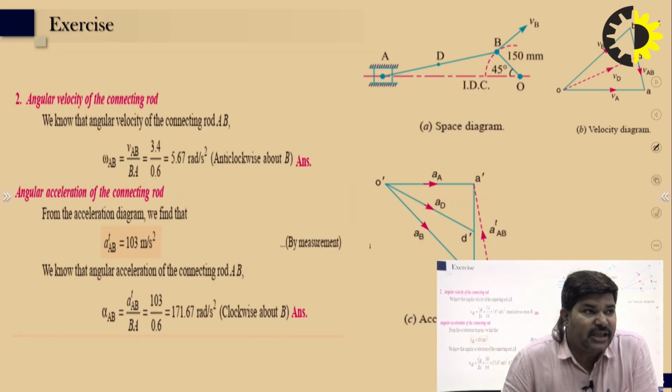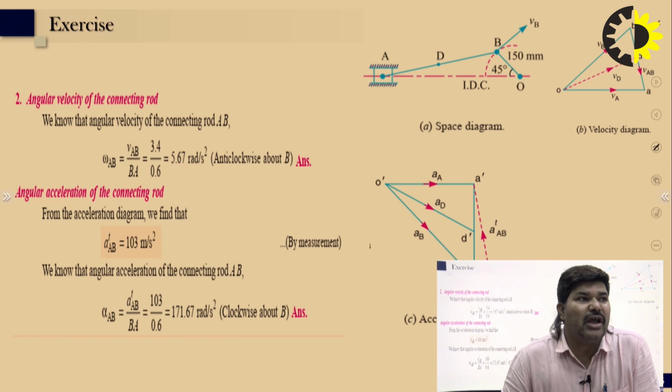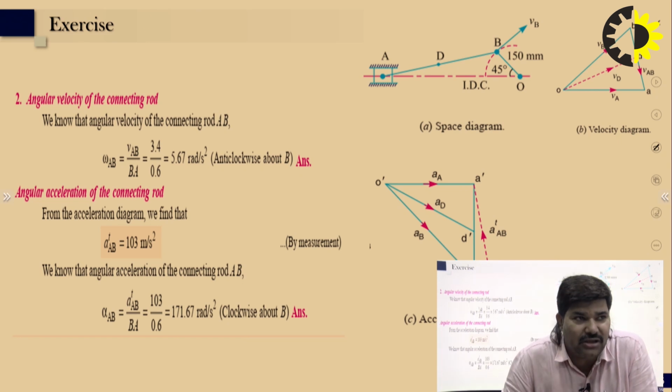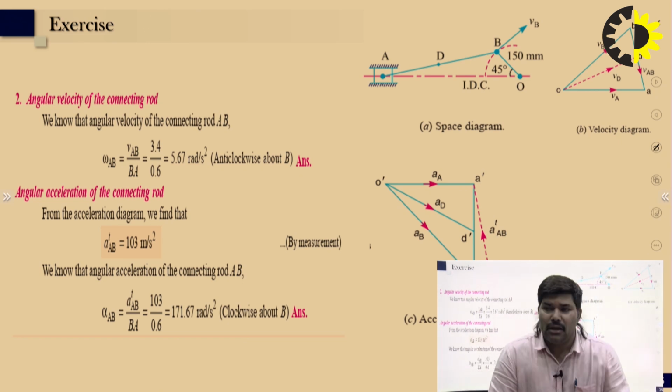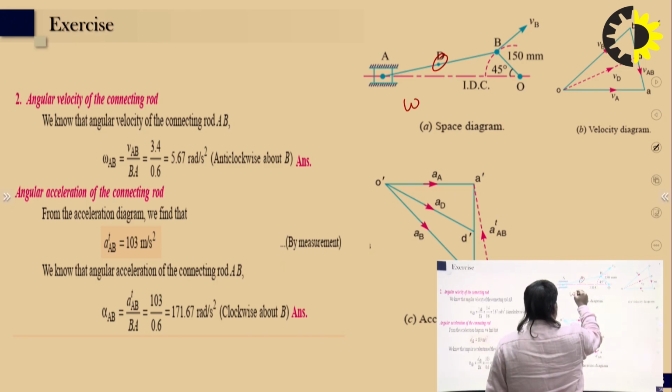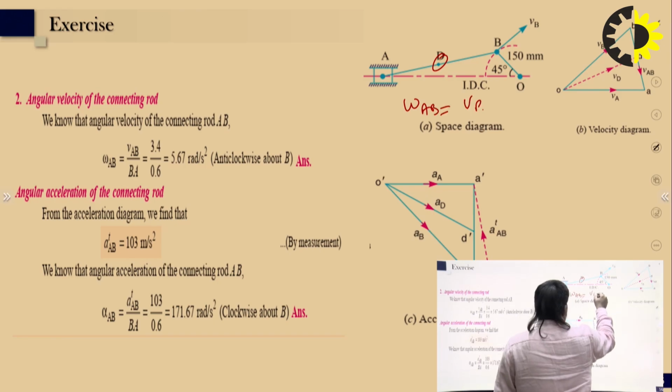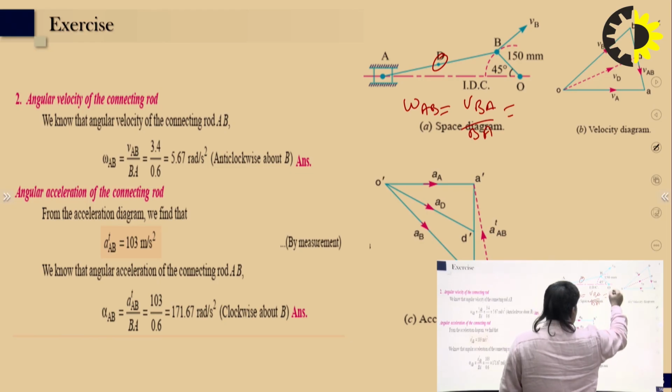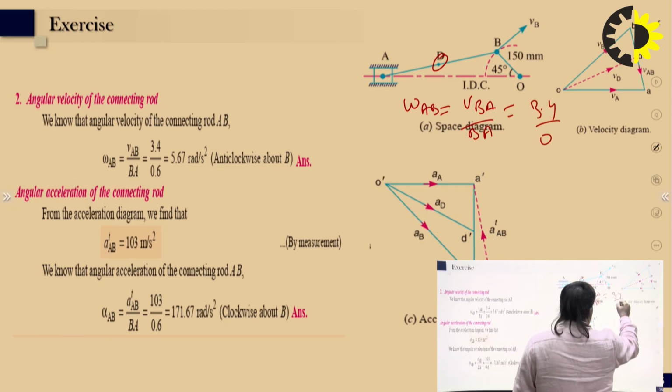The second is the angular velocity and angular acceleration of the connecting rod. We know that the angular velocity omega AB is equal to VBA upon BA. So VBA, the velocity of B with respect to A, is 3.4 upon 0.6.